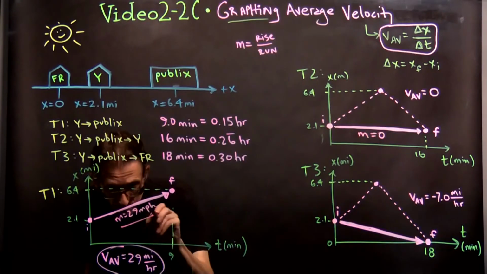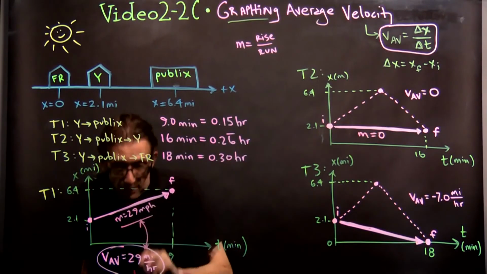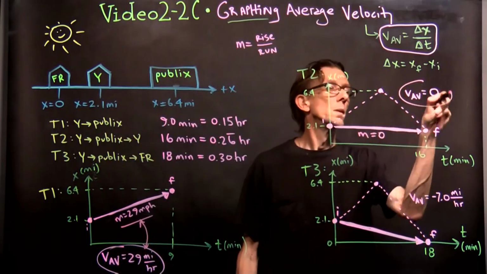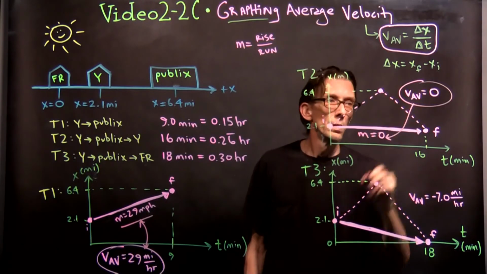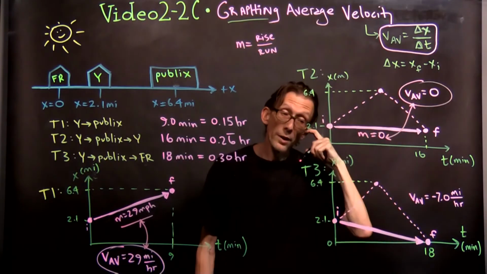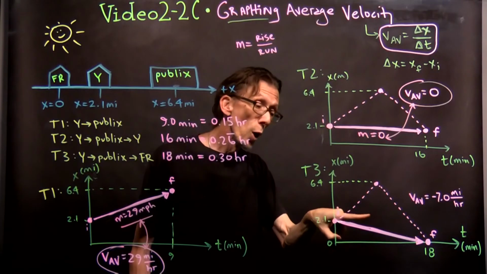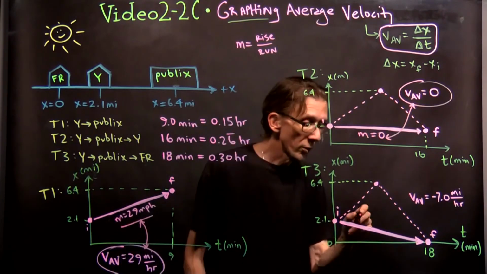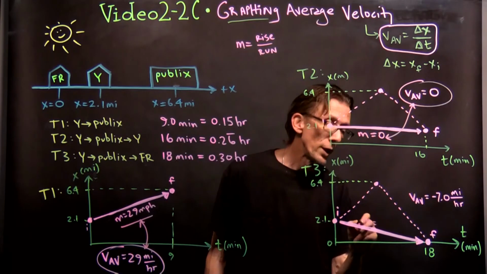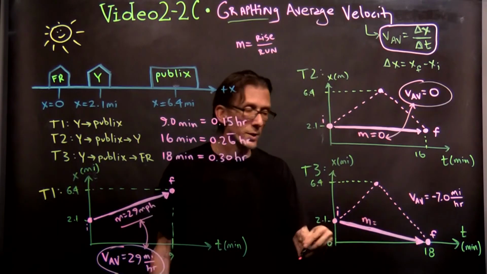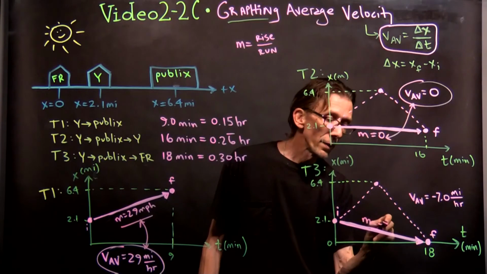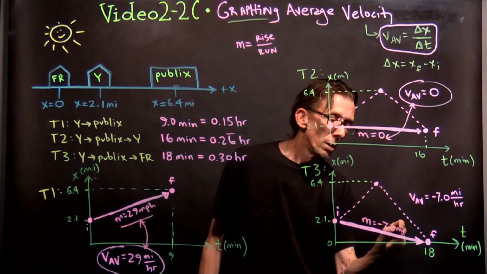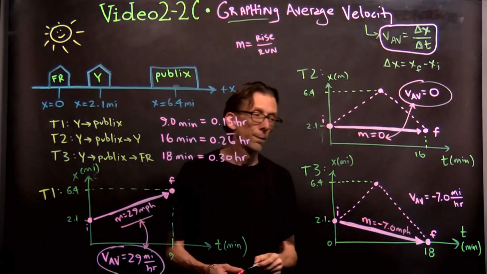The slope and the average velocity are the same. And you guessed it, in this case the slope is negative. It's going down. And so the slope of this line, if you did the conversion from minutes to hours, you'd find is negative 7.0 miles per hour.